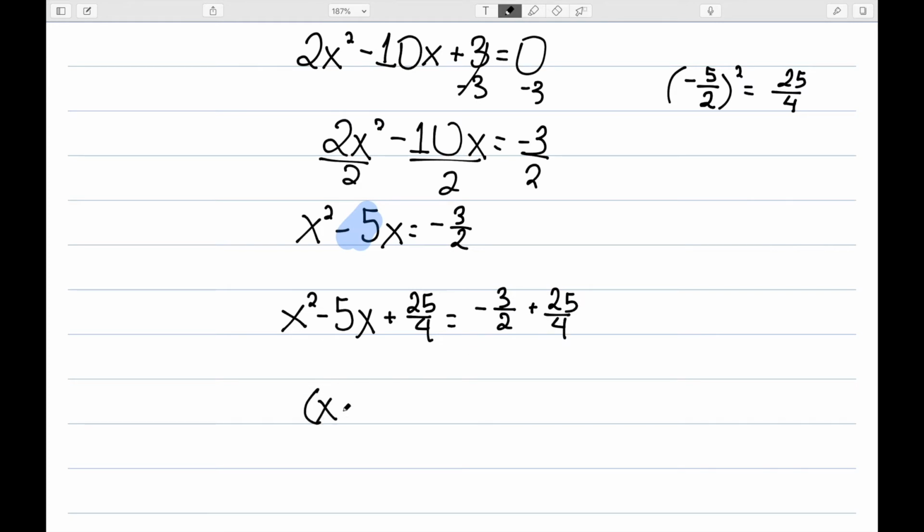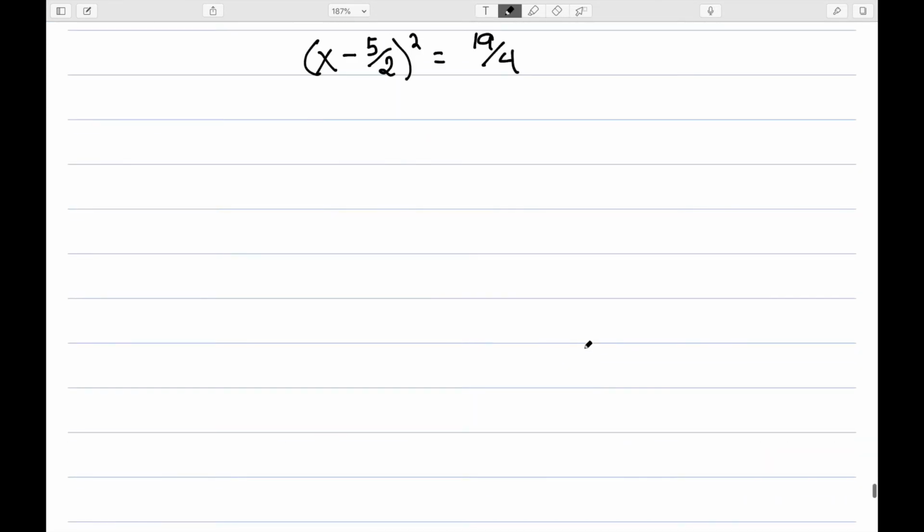When I factor this left-hand side, it factors into (x minus 5 halves) squared. The right-hand side, if I combine these fractions, I get 19 over 4. If we go down a little bit, I can take the square root of both sides. So I have x minus 5 over 2 equal to plus or minus the square root of 19 over 4.